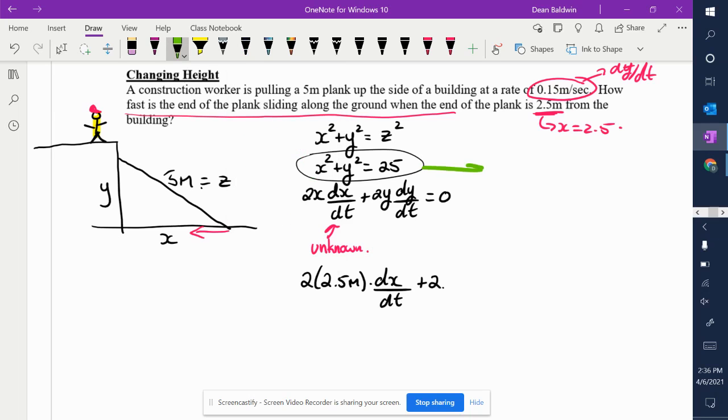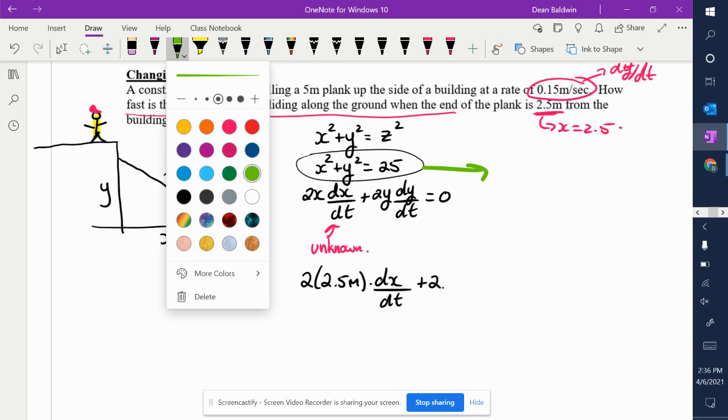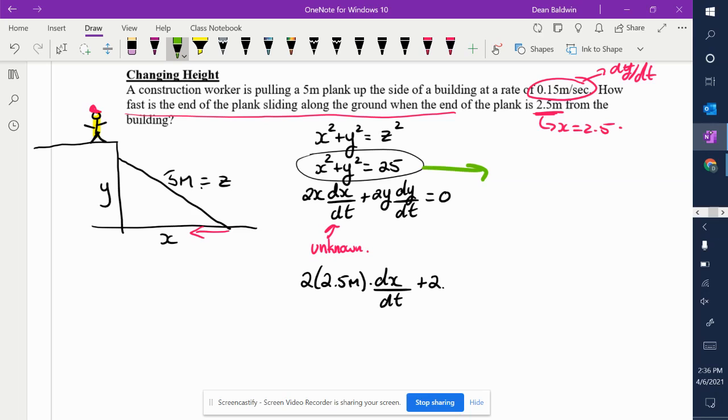So over to the side here, we go: x is 2.5 squared plus y squared is equal to 25. You solve that, you get y is equal to 4.33.